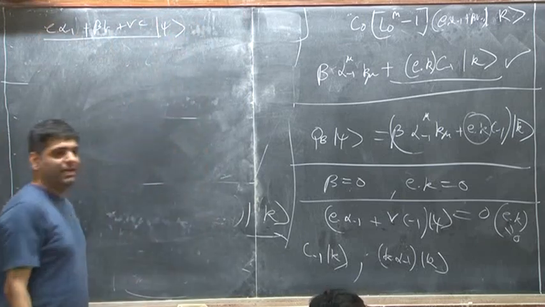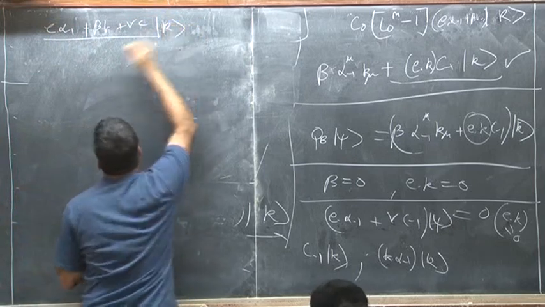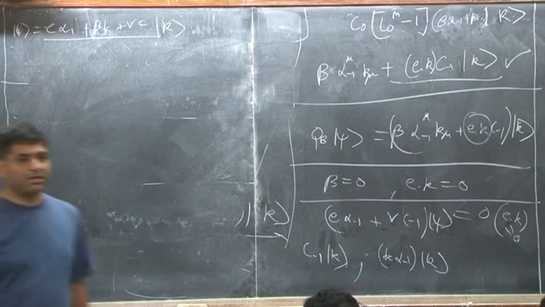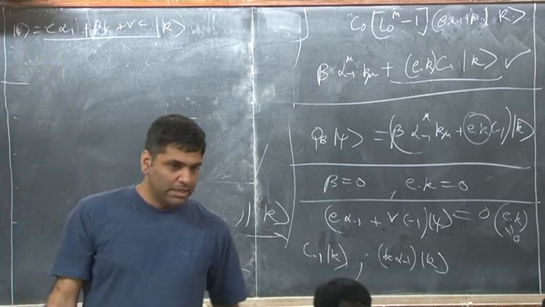acting on k. This is the psi. And I take the inner product of psi with itself. Okay, what do I get?